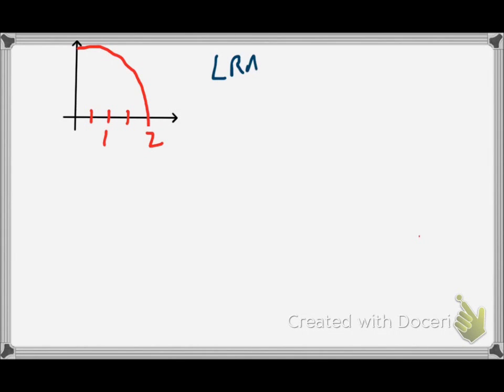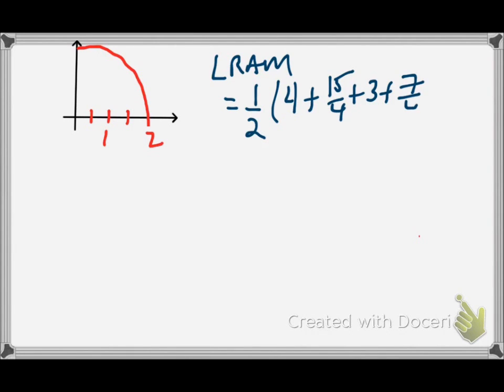For LRAM, you should have 1/2 as the base for each one of those 4 subdivisions, and the numbers that you're plugging in would be 4, 15 over 4, 3, and 7/4. And so that should turn out to be a total of 25 over 4.